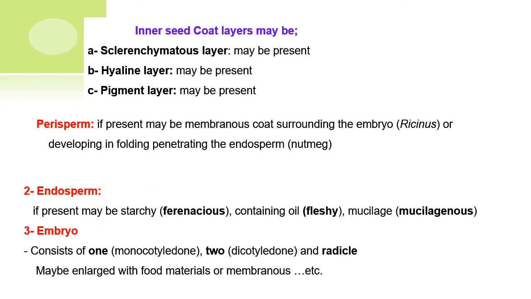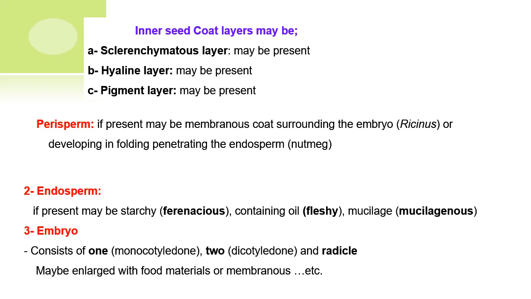The inner seed coat, or the inner part of the testa, may be formed of a sclerenchyma layer, hyaline layer, or nutritive layer, which contains reserve food material and is exhausted, leaving collapsed cells, and containing the pigment layer, giving the seed its characteristic color. In addition, some seeds have a perisperm, a membranous coat surrounding the embryo.